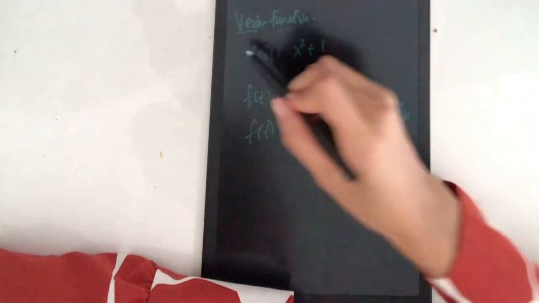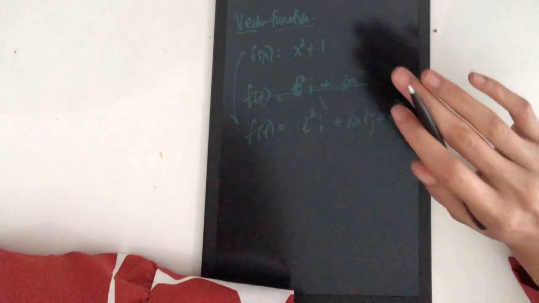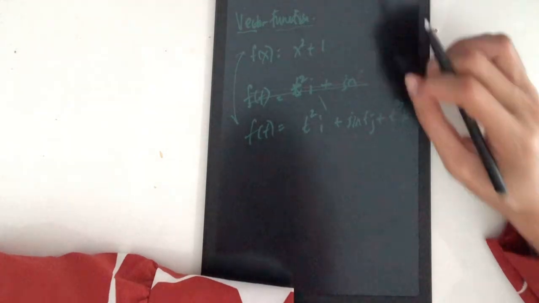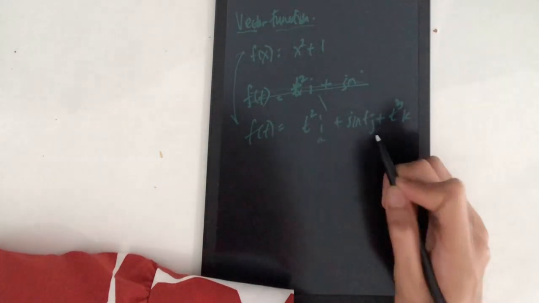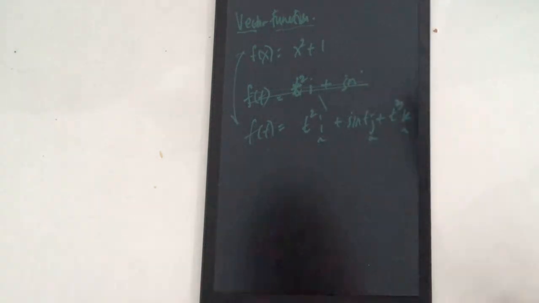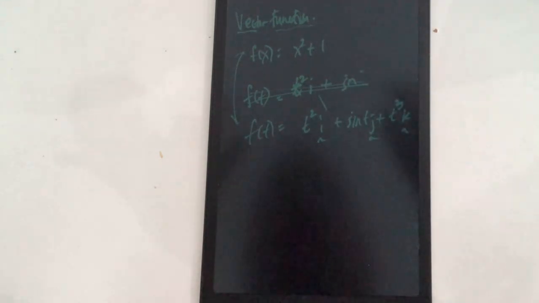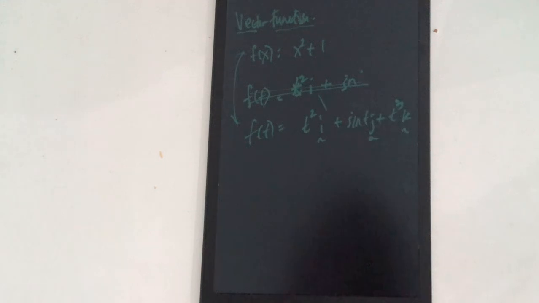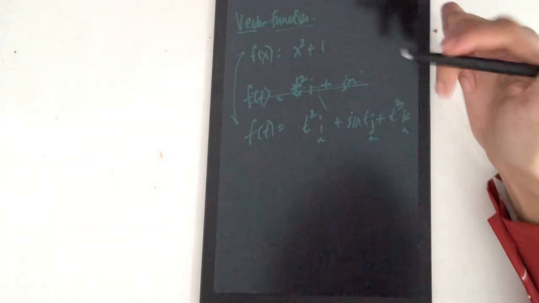Can you see the difference between this one and this one? It is not different on the variable, but different on the i, j, k. This one has no i, j, k. So this is a vector function. It is a function, but it has a vector i, j, k. That is the only difference between a vector function and the function before this.